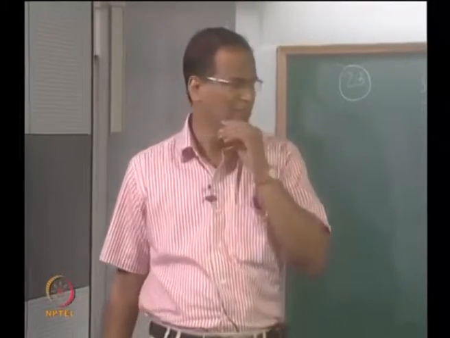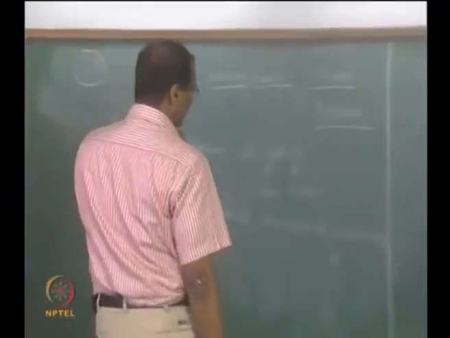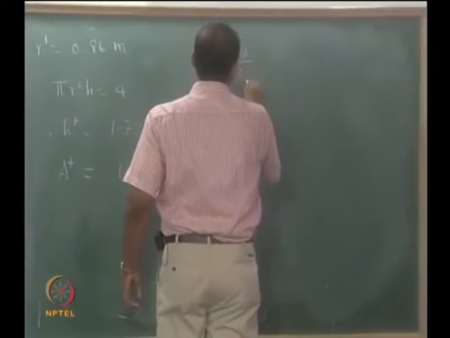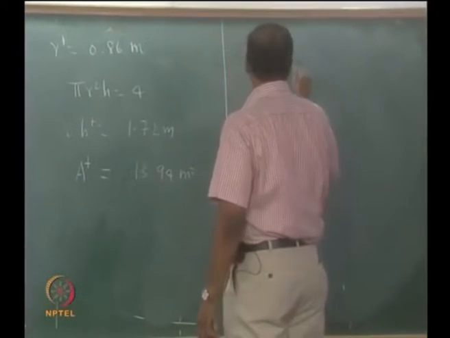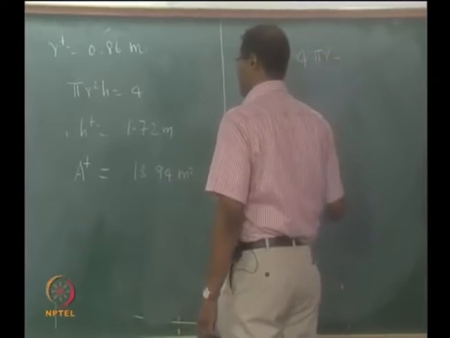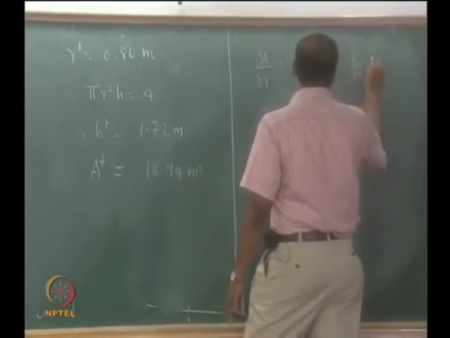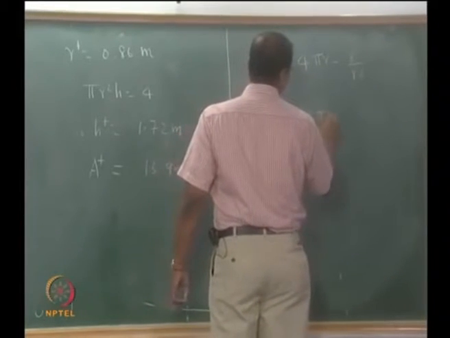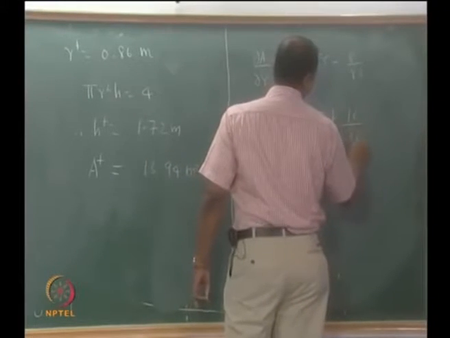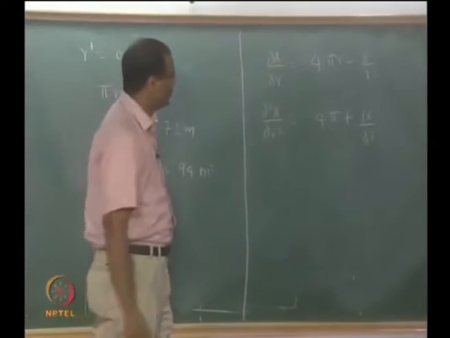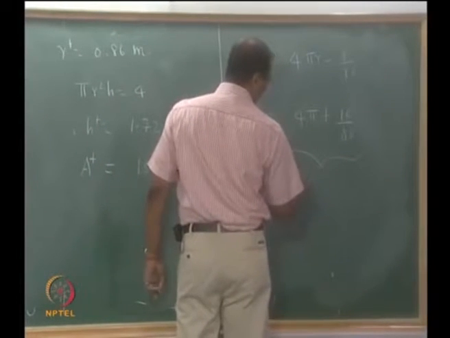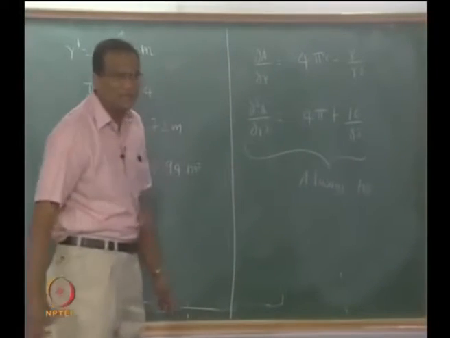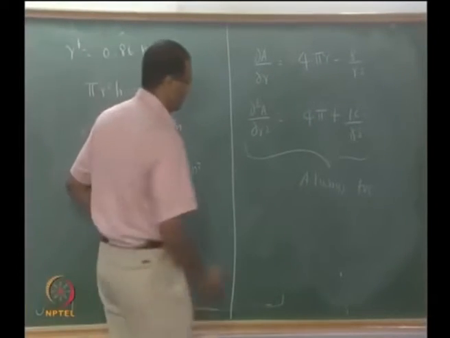Anand, you got it? Okay. Now, dou A by dou R, okay, always positive, right? Therefore, A plus is a minimum.